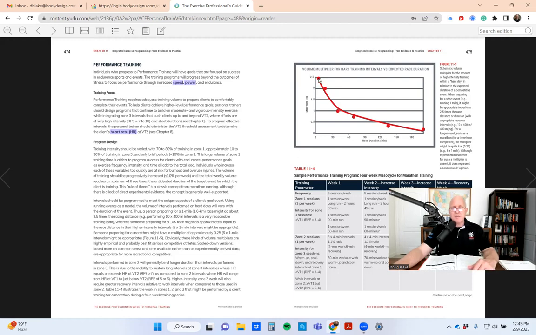So 2.5 multiplier for a 1 mile race, and they tell you, let's say somebody's doing a 10K race, a 10,000 meter race. I've never run the 10,000 under normal circumstances, though I have run it in competitions.